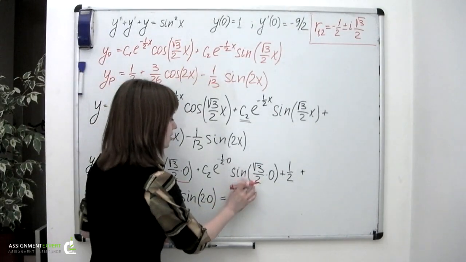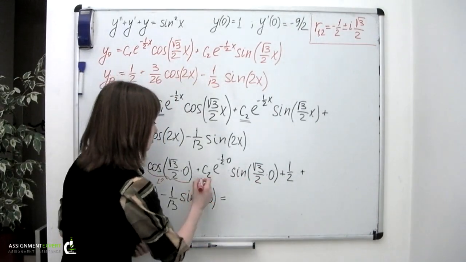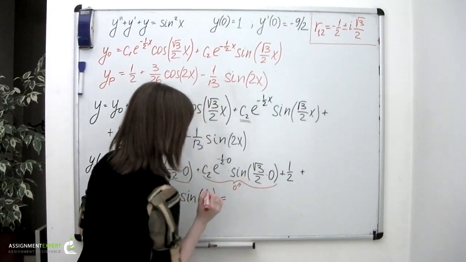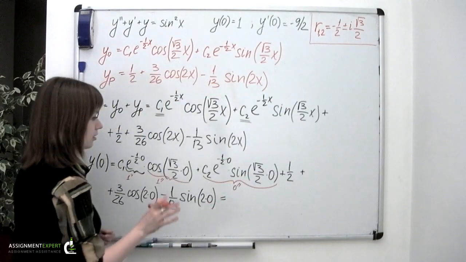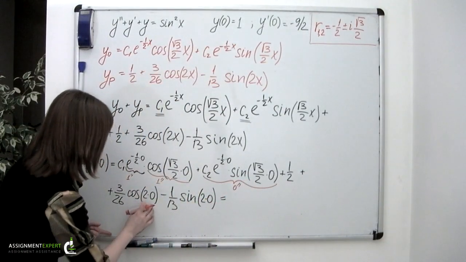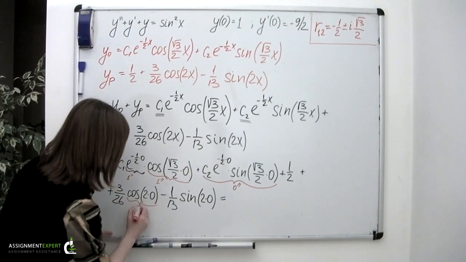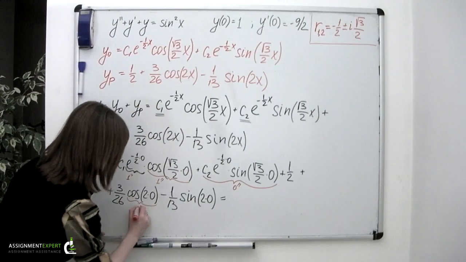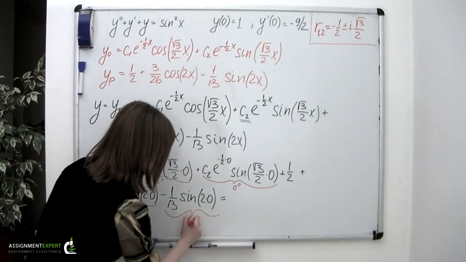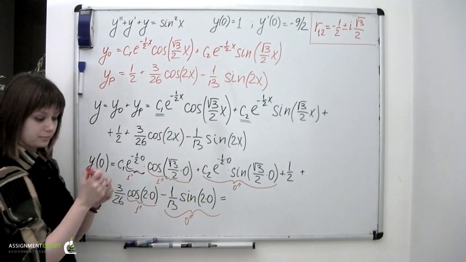Sine of 0 turns to 0, so this whole summand turns to 0. Then we have the cosine of 0 again, so this multiplier is equal to 0, and this whole thing is equal to 0 again. Okay.